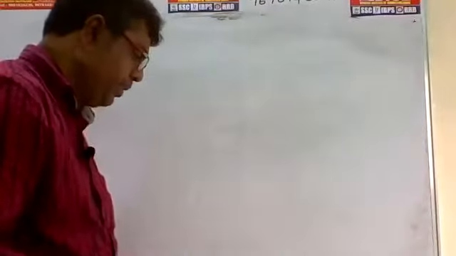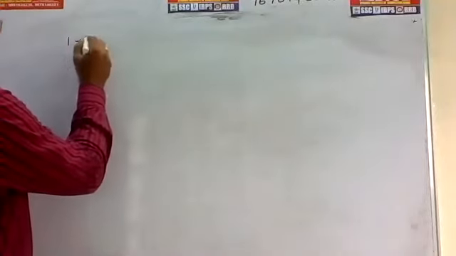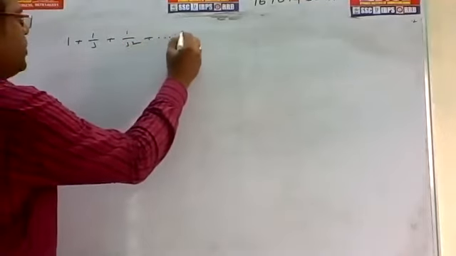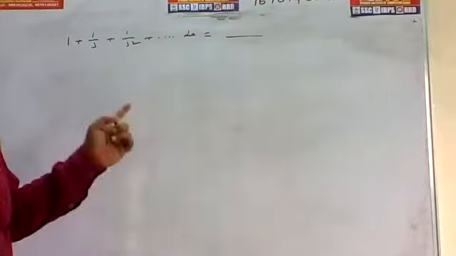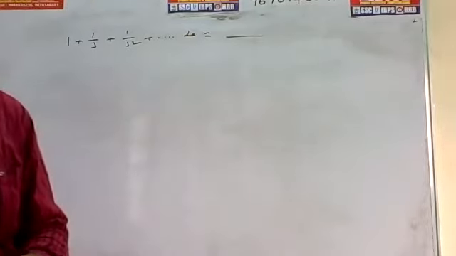Write the problem. Already we have seen this problem: 1 plus 1 by 3 plus 1 by 3 square plus so on infinity is equal to dash. What is the answer? Just now you have seen: 3 by 2 is the right answer.